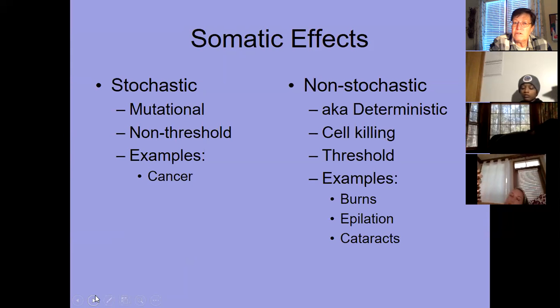They are considered non-threshold, so we consider that any amount of radiation, even a single photon, has the potential to cause this effect. However, they are also probabilistic, so they're based on probability. The probability of the effect occurring increases as dose increases.